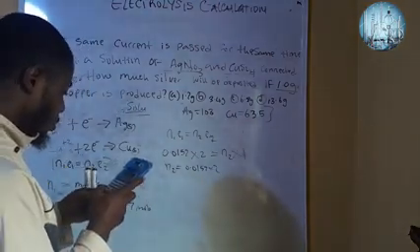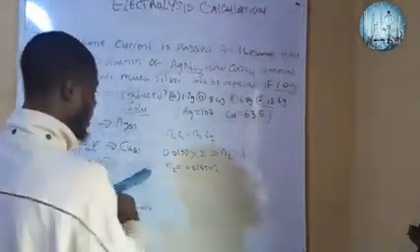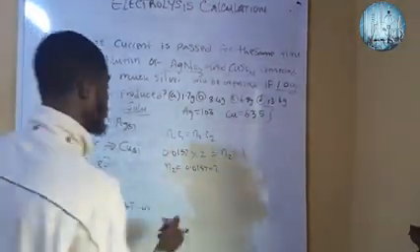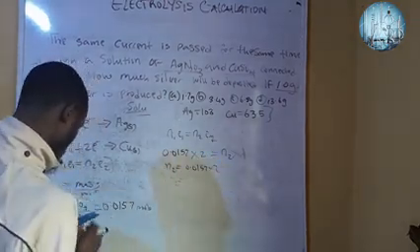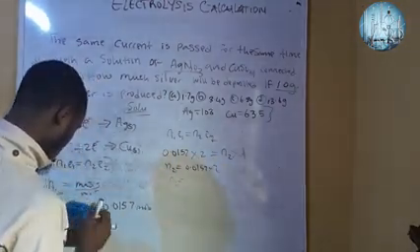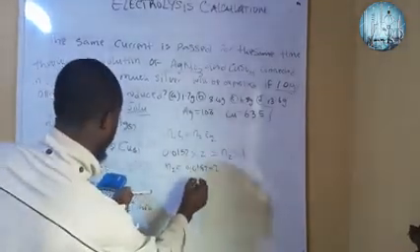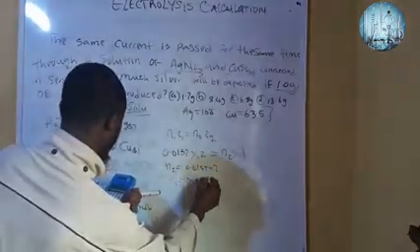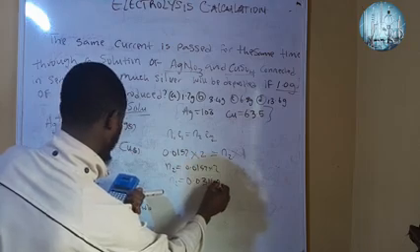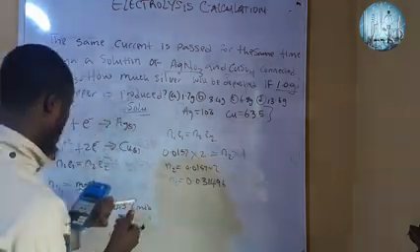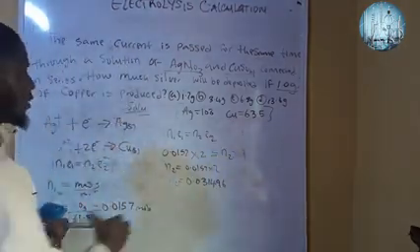The time we do that, we now have our numbers of moles of silver. N2 equals 0.031496.